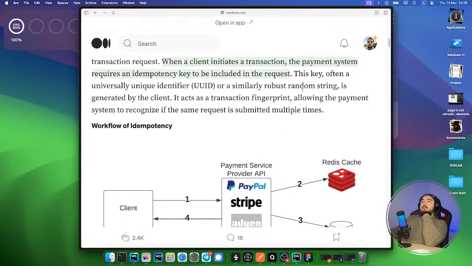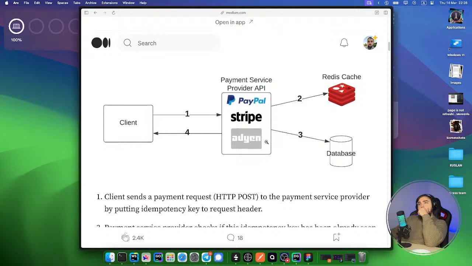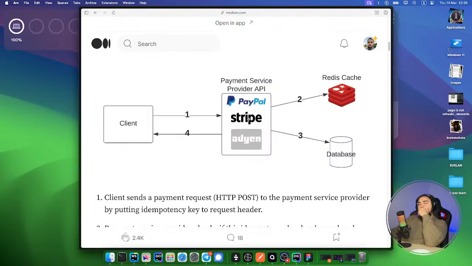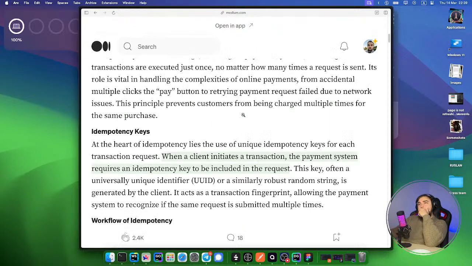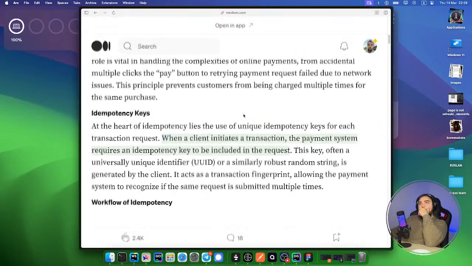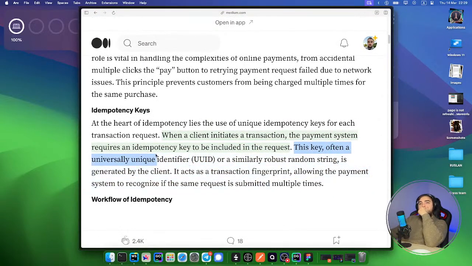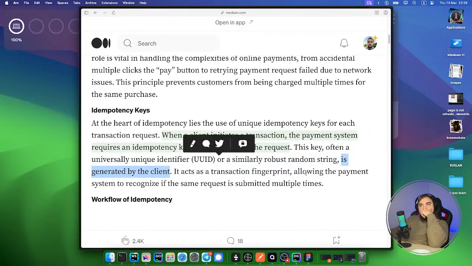Who is generating this request? Probably somebody. "This key is often a universal UID, or a similarly robust random string, generated by the client." Okay, client.